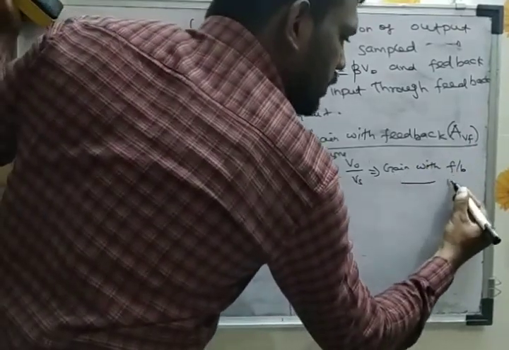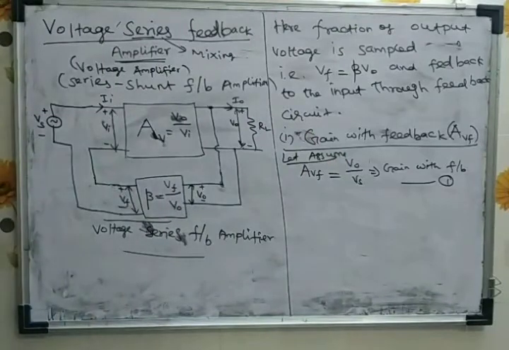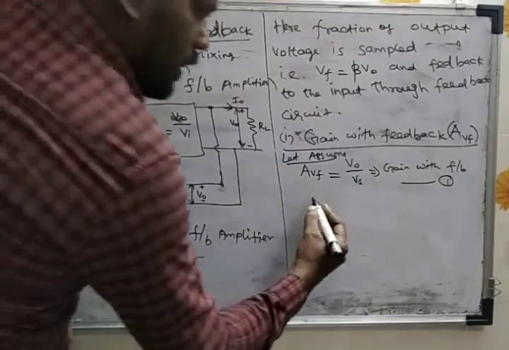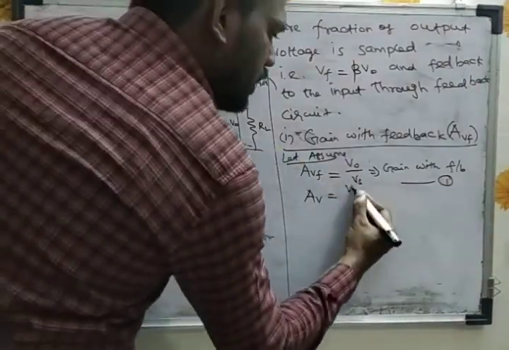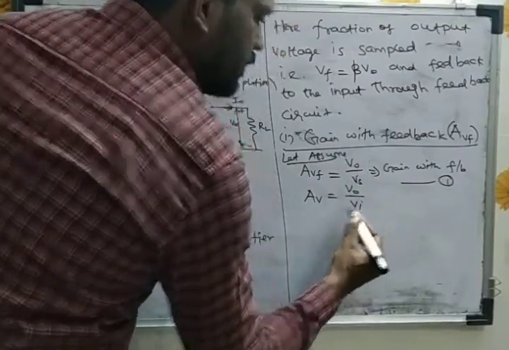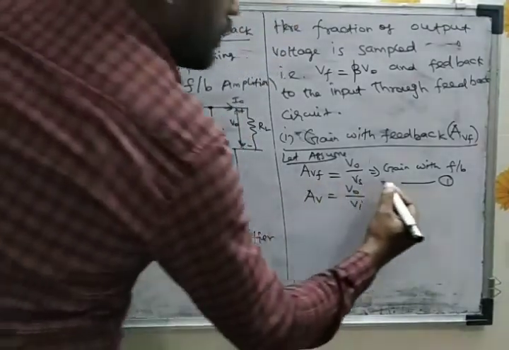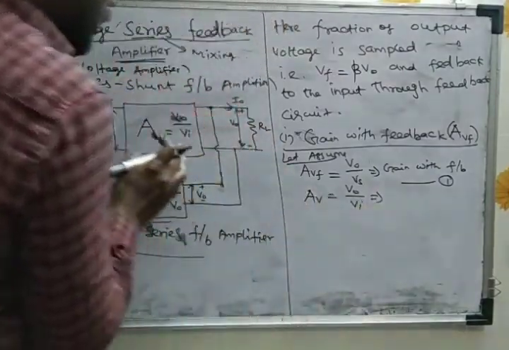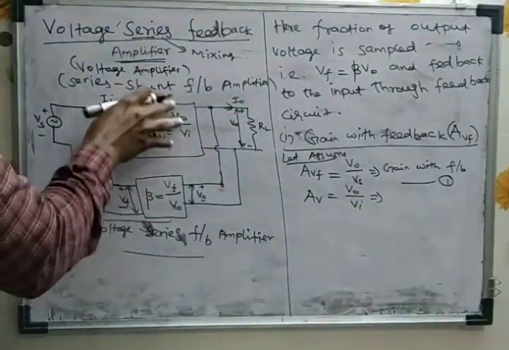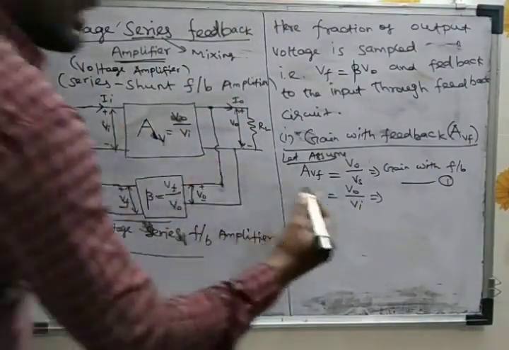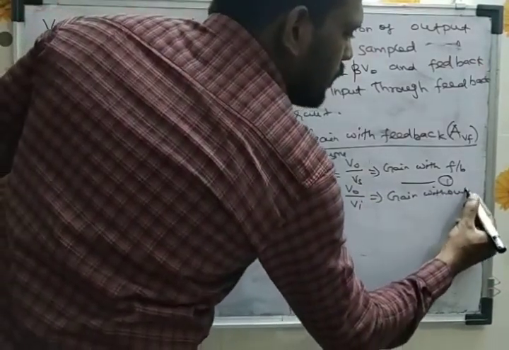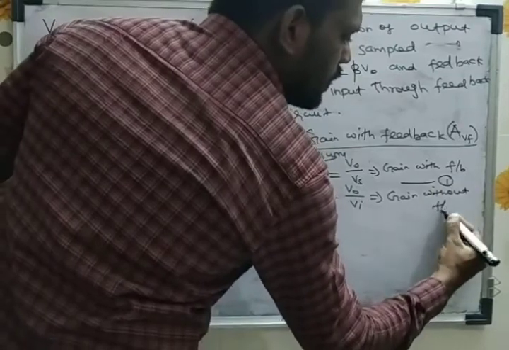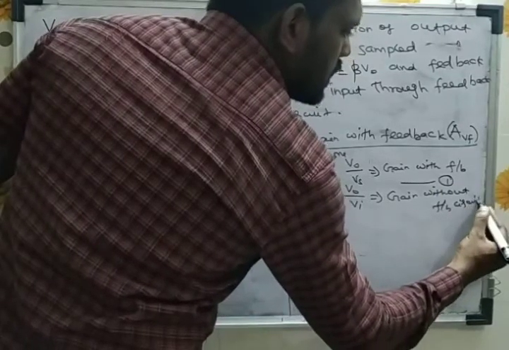This is equation number 1. Then we know that AV is equal to V naught by Vi, which is the gain of the amplifier without the feedback circuit. This is equation number 2.